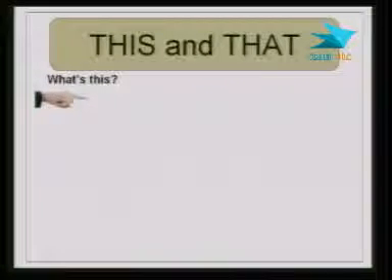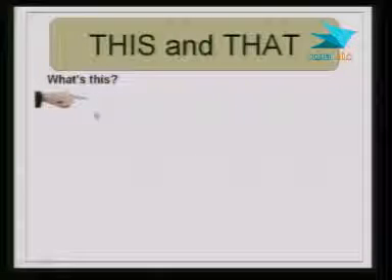Now let's look at this slide here. This and that again. Look at this hand here, and it is pointing at something. This person is pointing at something, and that object must be close.